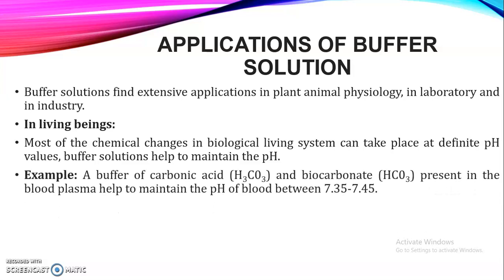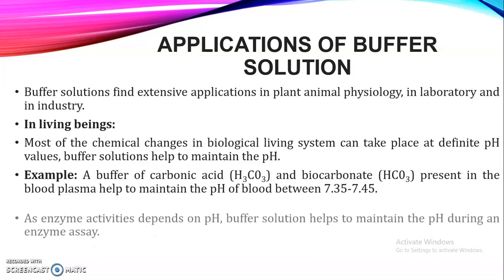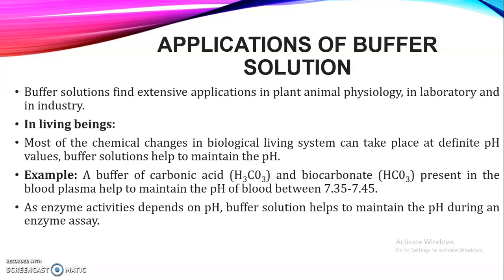For example, a buffer of carbonic acid and bicarbonate present in our blood plasma helps to maintain the pH of blood between about 7.3 to 7.4. So, as enzyme activities depend on the pH, buffer solution helps to maintain the pH during these particular enzyme activities.